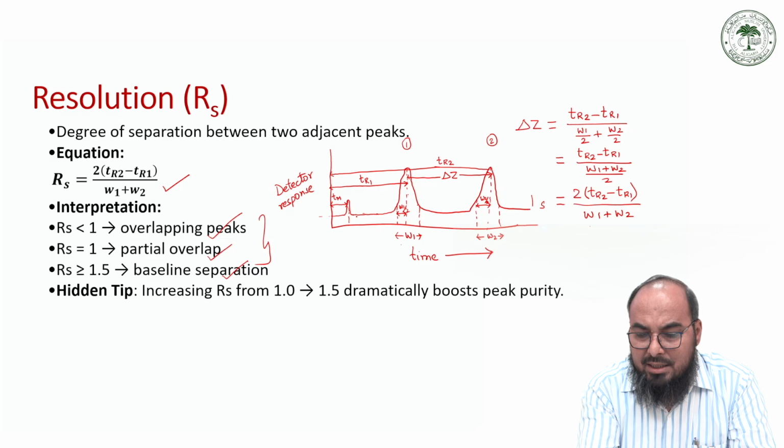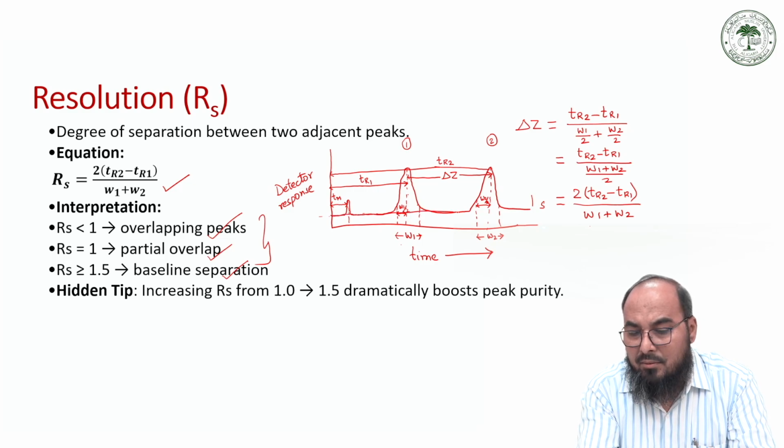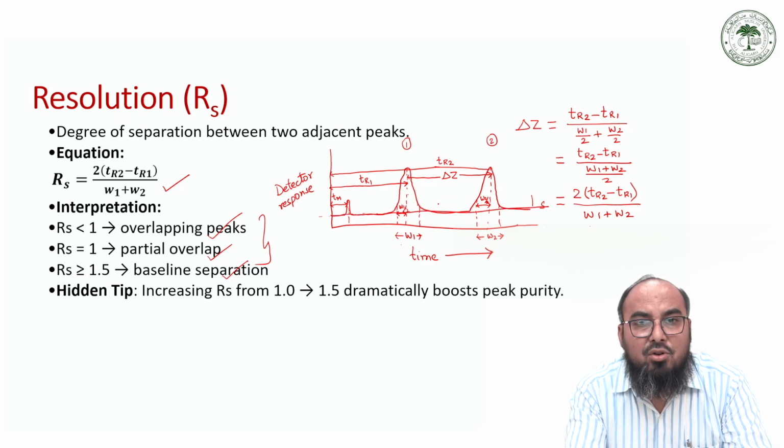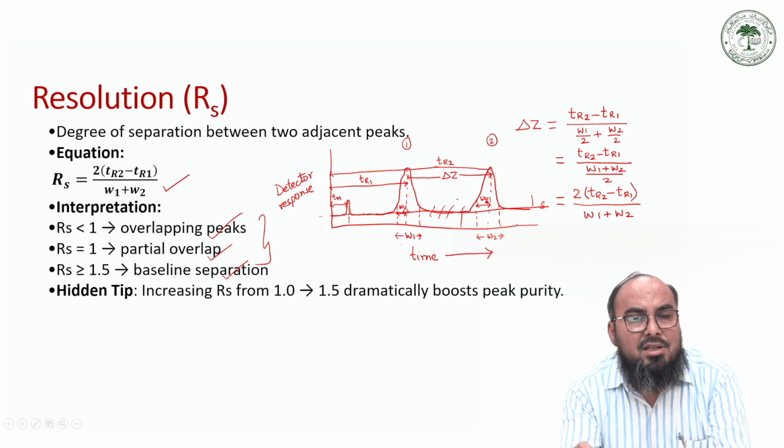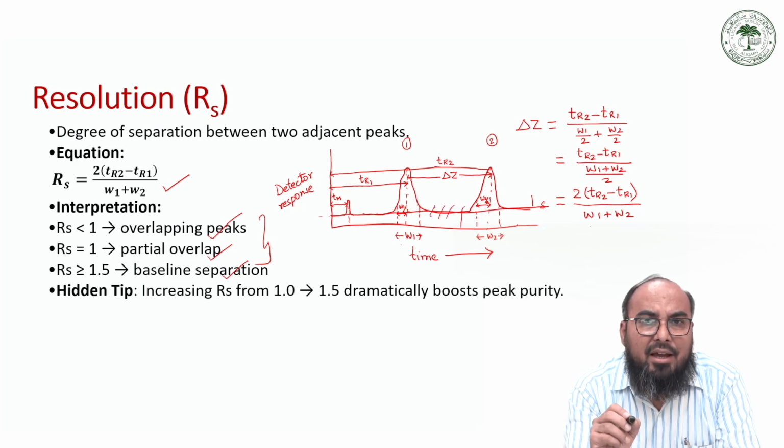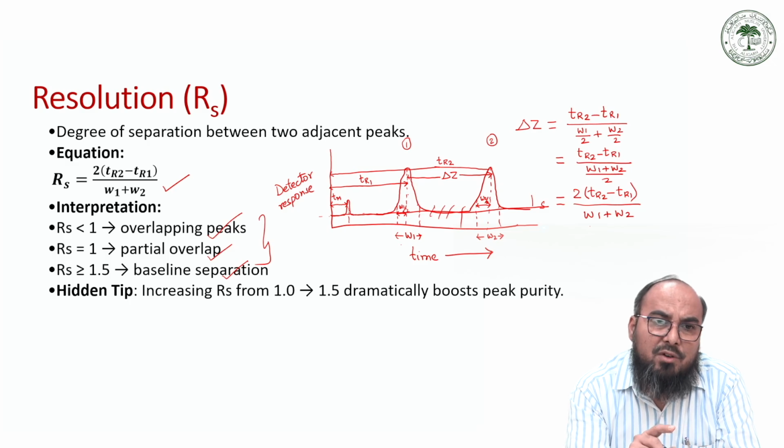That is, they are separated from the base. That is, there is actually no overlap at this region. No overlap. Okay. So this is how you can quantify your resolution with the real situations.